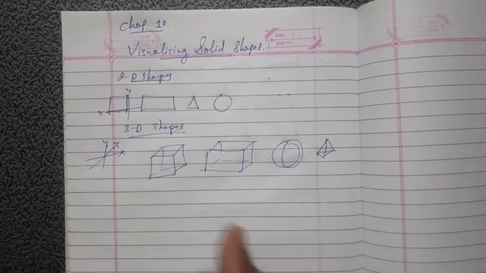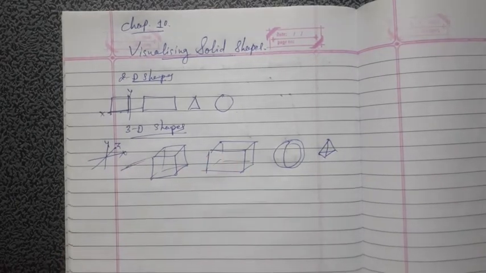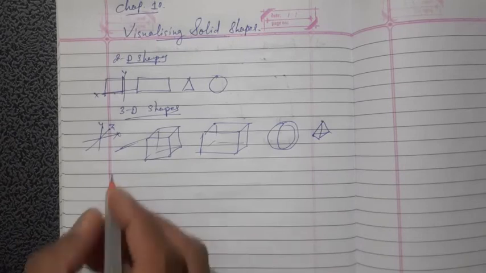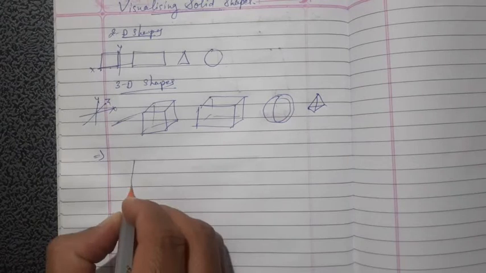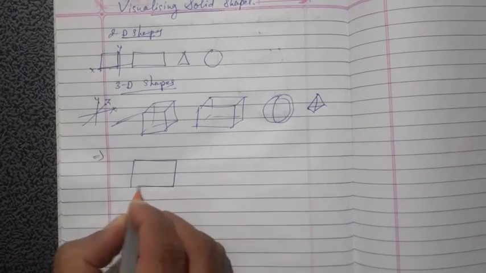These types of shapes are called 3D shapes. In this chapter we learn about 3D shapes.